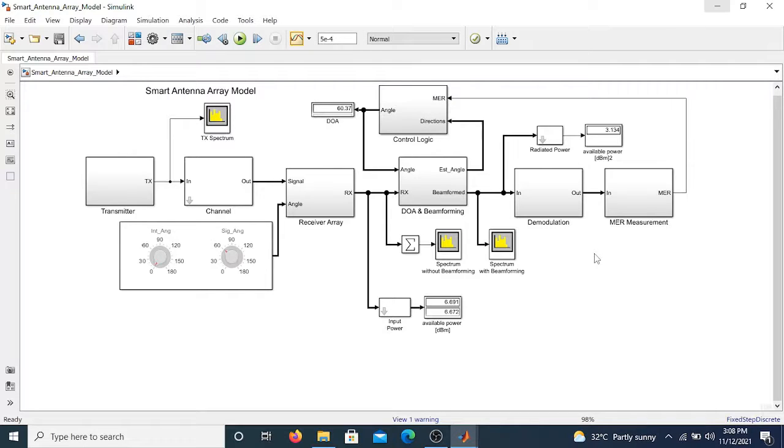And in terms of the results obtained with power, the receiver array generated an input power of around 6.672 dBm, and the radiated power was at 1.134 dBm. So essentially, the radiated power received was 3.134 dBm.